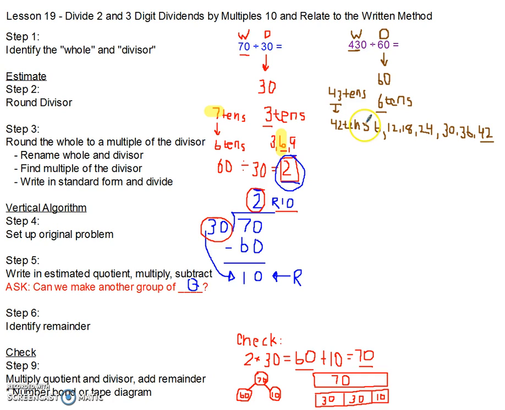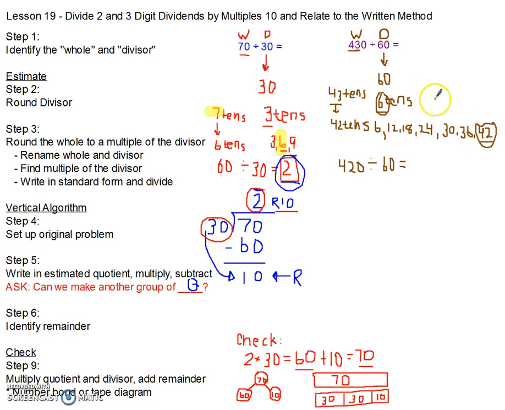Now I want to write in standard form. So I have 42 tens, which also is 420, divided by 60. And one easy way to figure this out is I can ask myself how many 6s are in 42, because we've renamed them both as 10s.